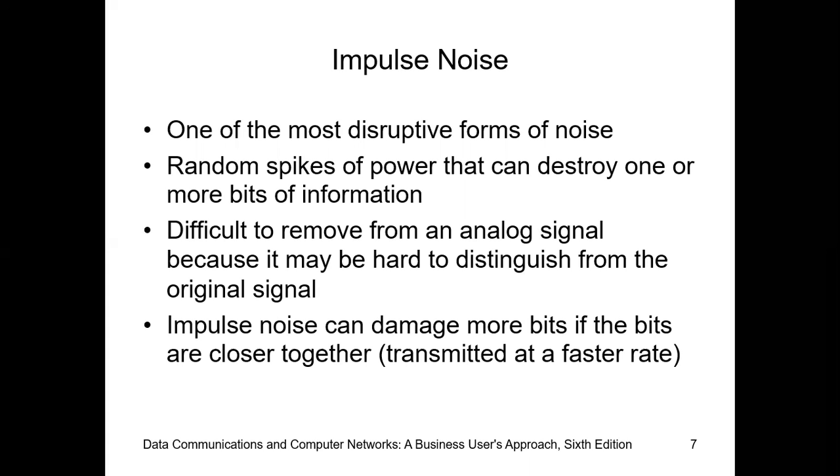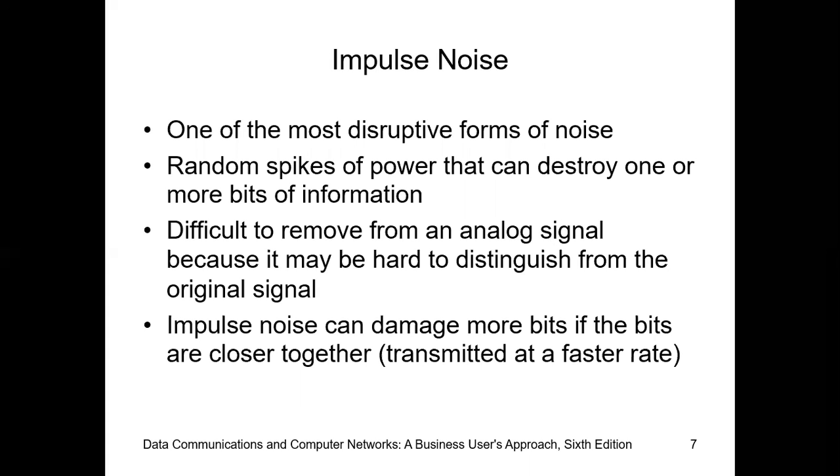Any spike in power can disrupt the signal, or lightning from the sky can also cause impulse noise. It is difficult to remove from an analog signal because it may be hard to distinguish from the original signal, since both look the same. But impulse noise can damage more bits if it affects digital data.